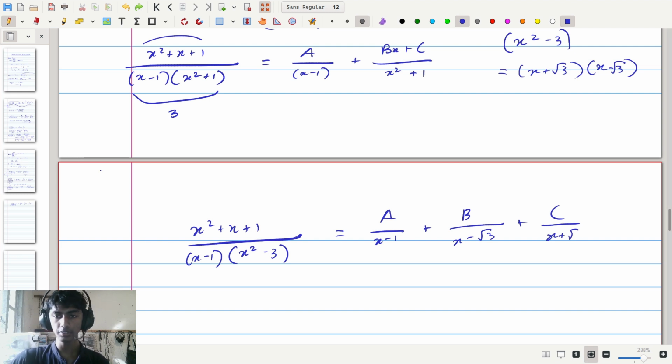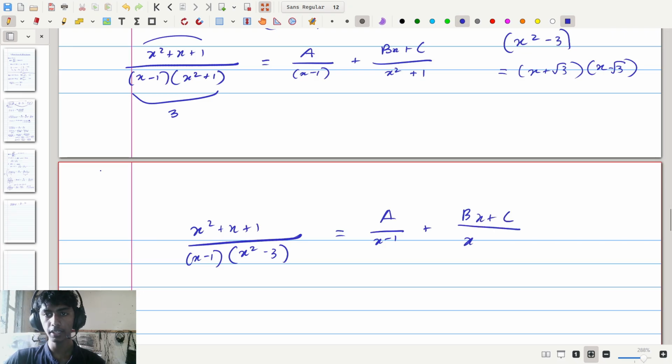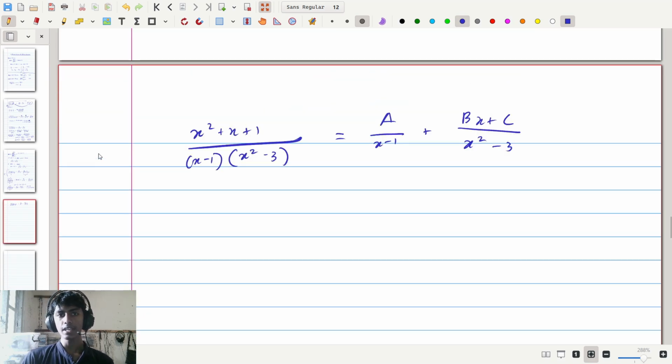Instead of doing this, they would factorize this as bx plus c divided by x squared minus 3. They would leave it like this. So as a general rule, if you cannot factorize in terms of whole numbers a certain factor in the denominator, don't do it and just leave it in the partial fraction breakdown like this.